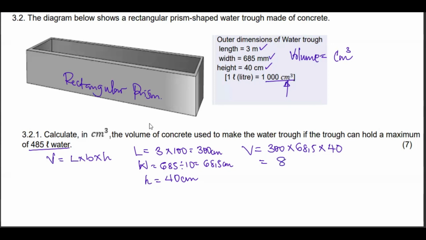You get 822,000. These are centimeters cubed. But they're asking how much concrete volume was used.